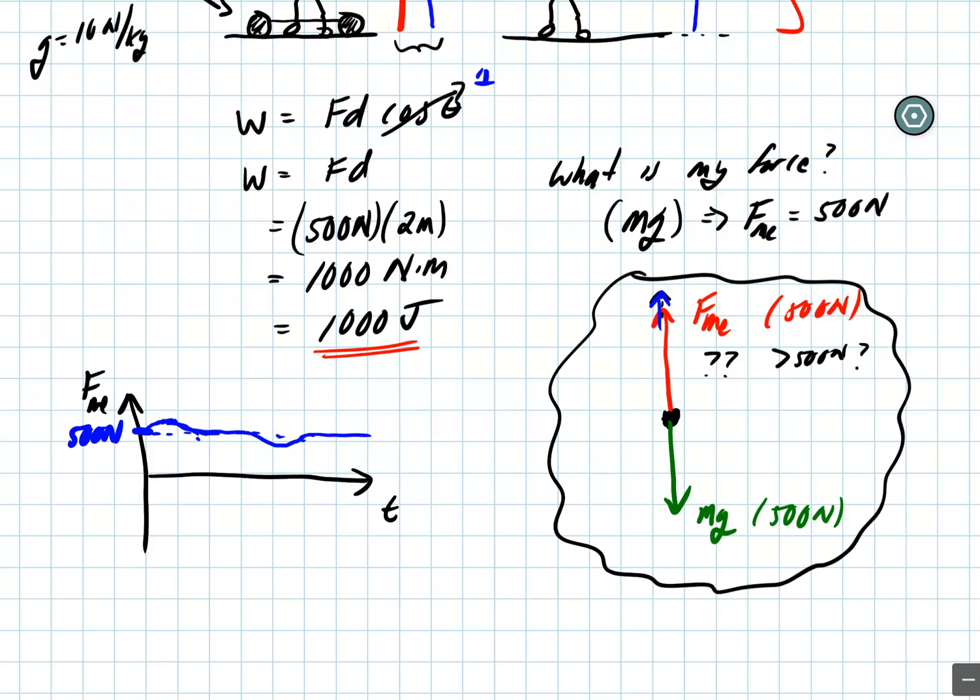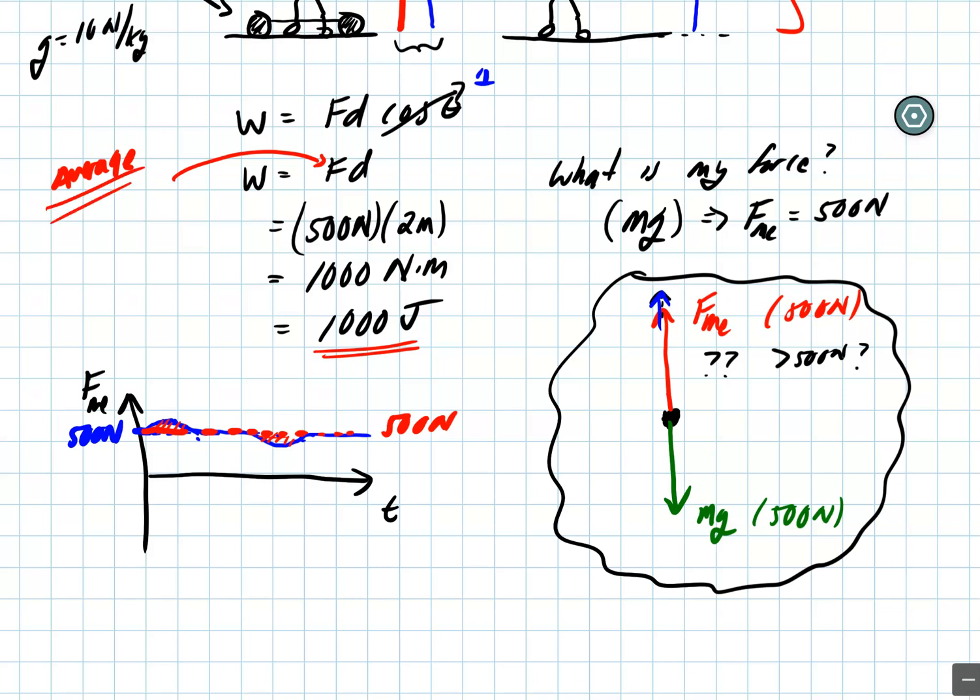So it turns out that if we were to look at the average force during the entire lift, it's going to be 500 newtons. So technically, this would be an average. But what's nice is it works in all cases.